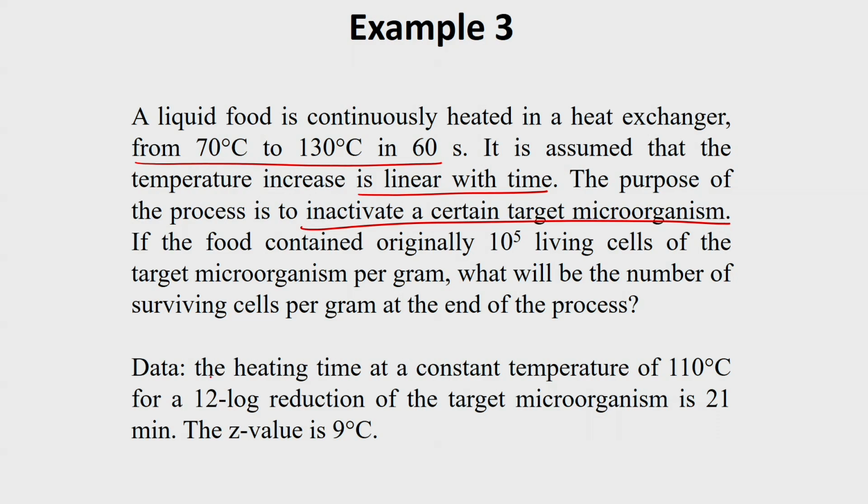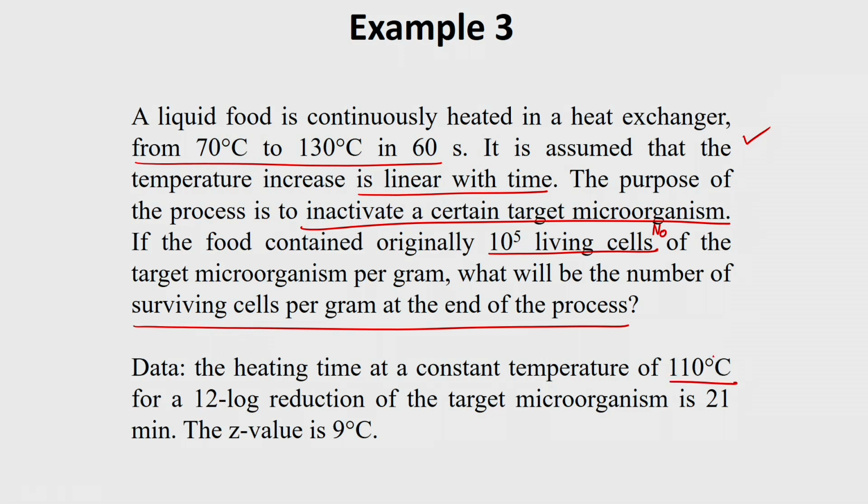If the food contained originally 10 to the power of 5 living cells, that is nothing but my initial spore level of the target microorganism per gram, what will be the number of surviving cells per gram at the end of the process? So, we are supposed to calculate at the end of the process how much would be the living cells.